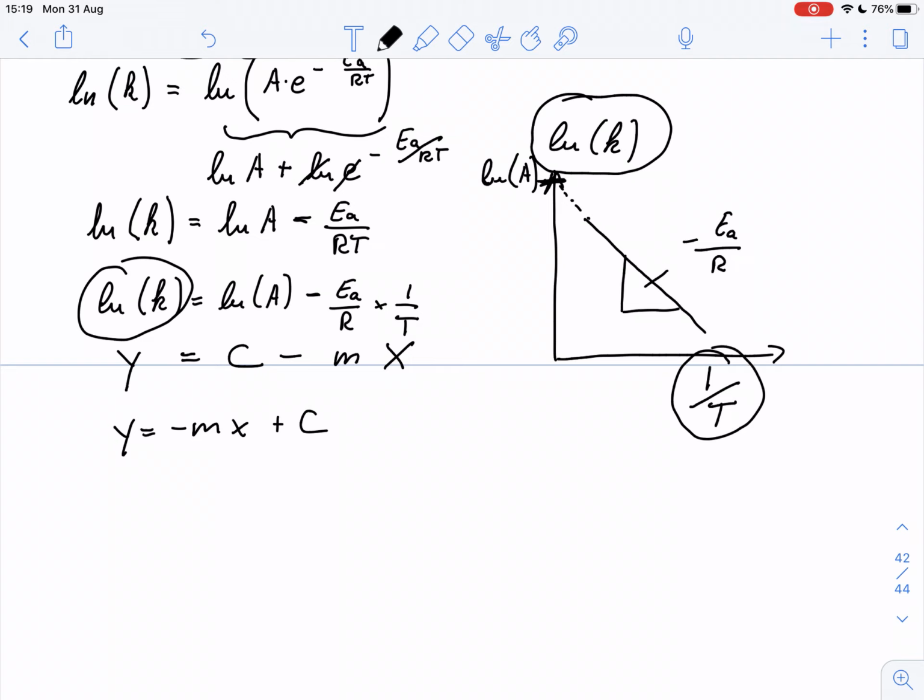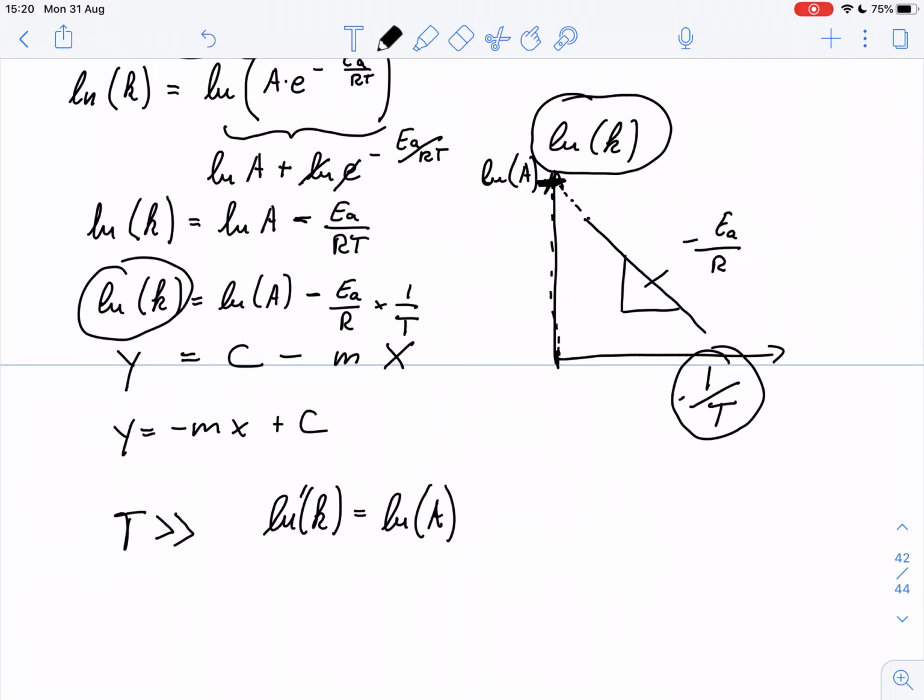So if we make T very, very large, then 1 over T becomes very small and becomes 0. And if the temperature is very hot, then ln k is the same as ln A, this collision factor.